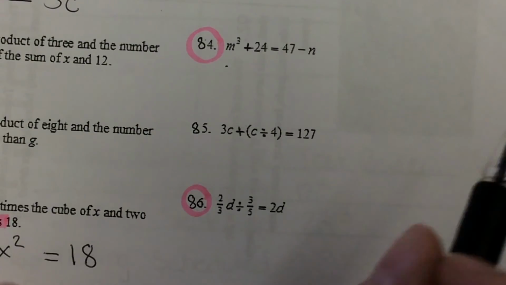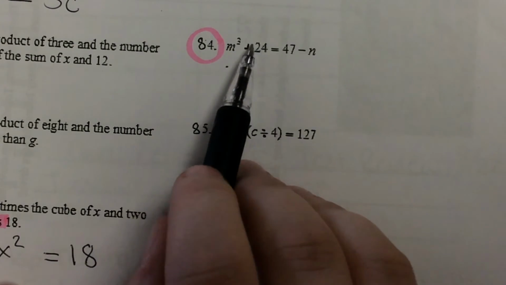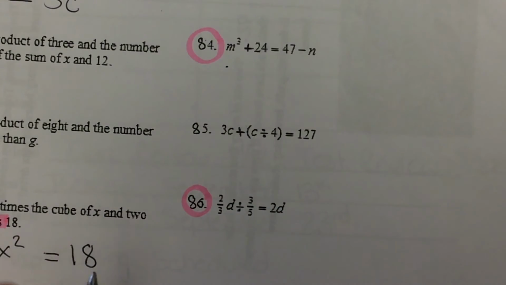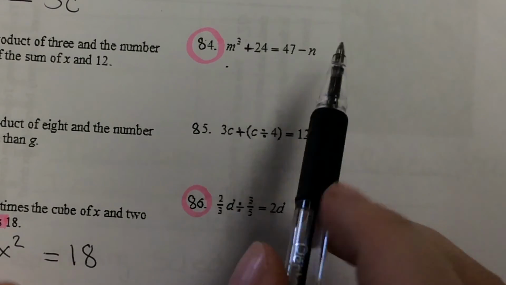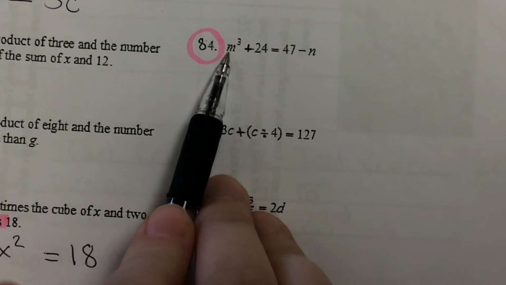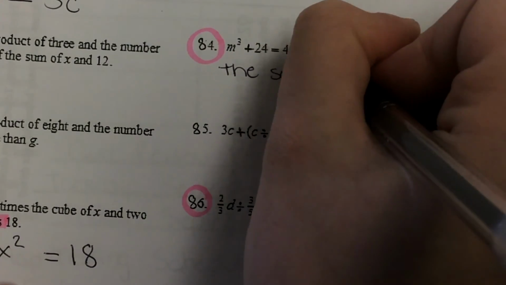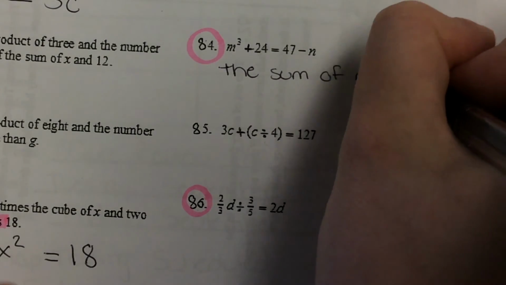84. We have our equal sign right here, so we need to find some words to explain this. We can say these 2 things are being added. So let's say the sum of m cubed and 24.